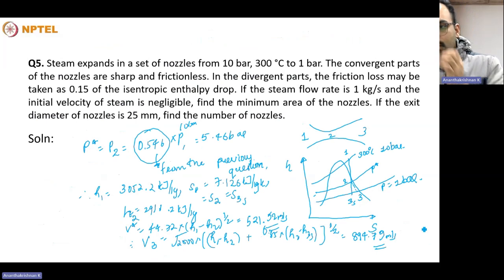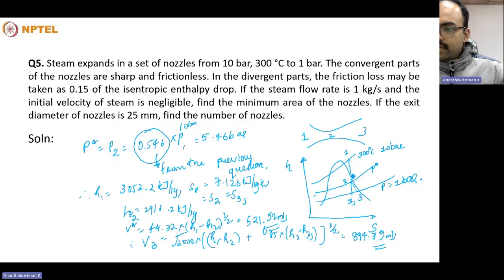So this is a straightforward problem in which we have to find the minimum area of the nozzles. So that happens at the throat point. And then we have to calculate the number of nozzles at the exit.